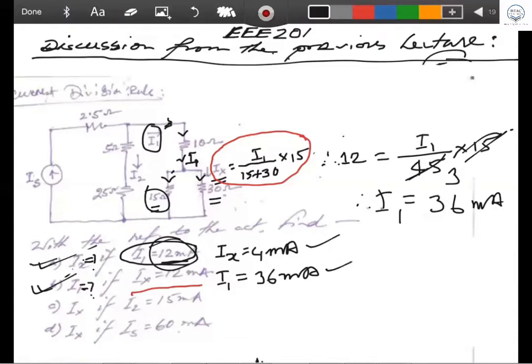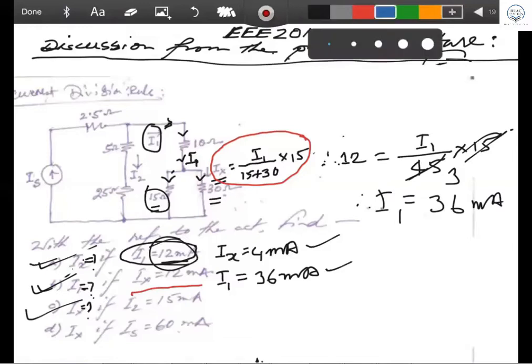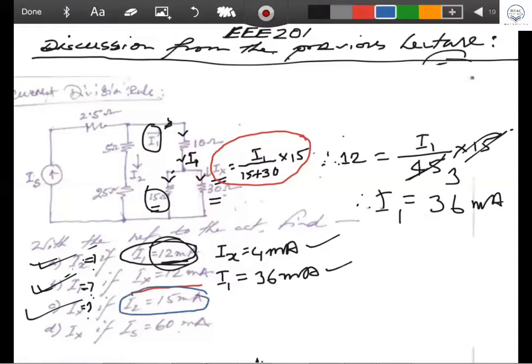Now let's go to question C, where the question is: Ix equal to what? You have to find the value of Ix again, but this time not from I1. In question C, it is given that I2 equals 15 milliampere. If I2 is 15 milliampere, then what is the value of Ix?